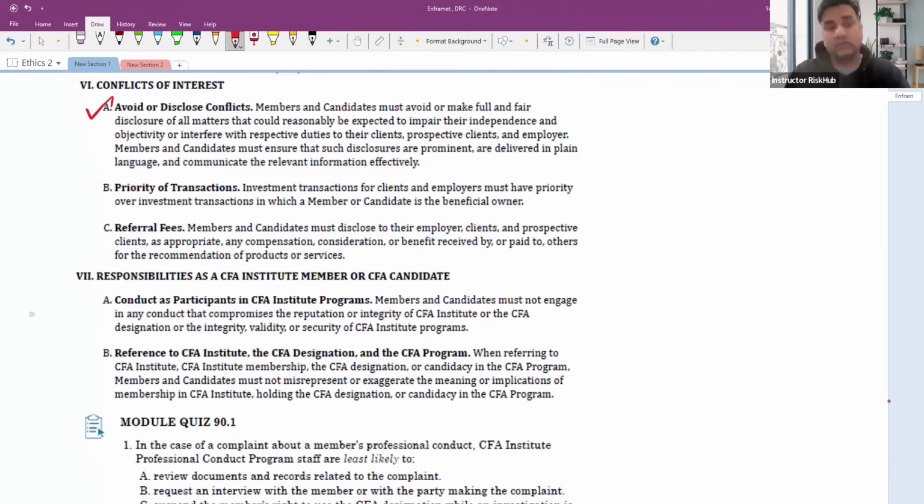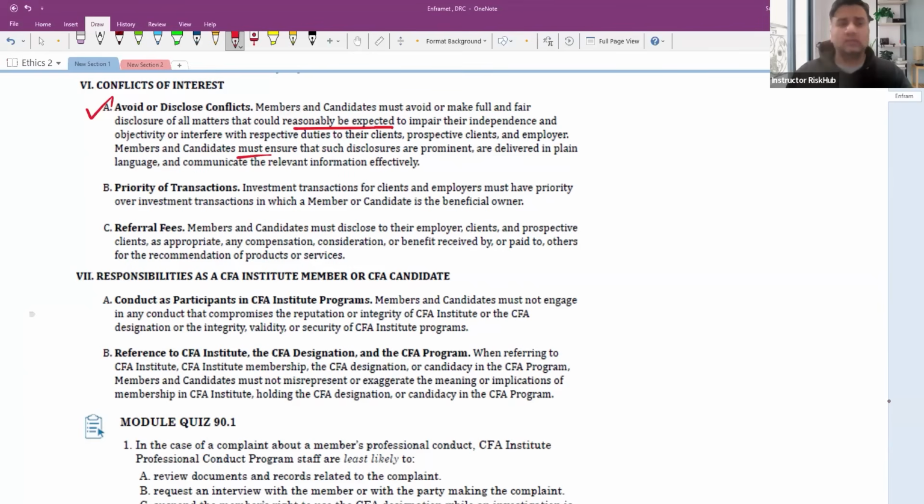Members and candidates must avoid or make full and fair disclosure of all matters that could reasonably be expected, and reasonably be expected is the key word, to impair their independence and objectivity or interfere with respective duties to clients, prospective clients, and employers. They must ensure that such disclosures are prominent, are delivered in plain language, and communicate the relevant information effectively.